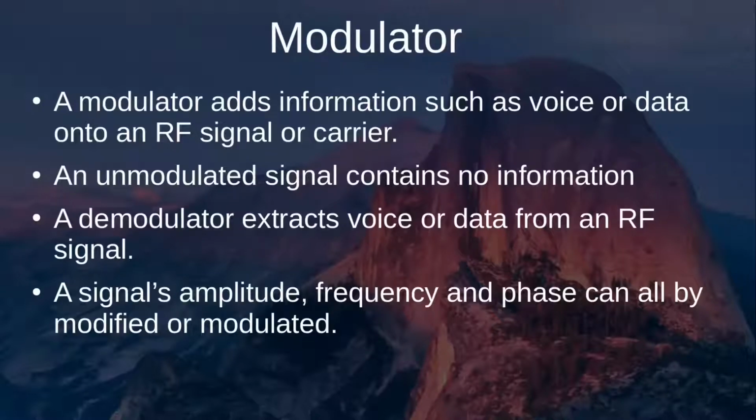As we learned before, a sine wave has amplitude or height. It also has frequency, how many cycles per second, and it also has phase, how the sine wave varies over time with respect to itself. So all those different components can be modulated to impart information onto the base carrier frequency.